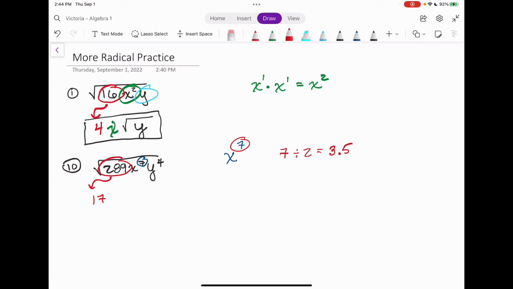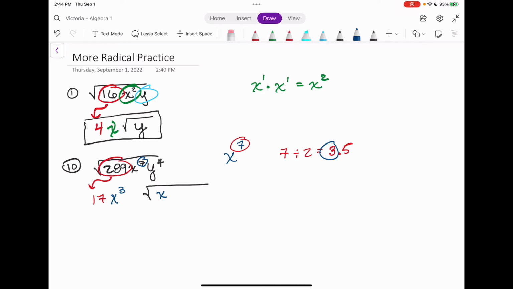So what that tells me is I'm going to take out 3 x's outside the radical. So that's going to be my new exponent, x cubed, and I'm going to be left with 1 x left over.